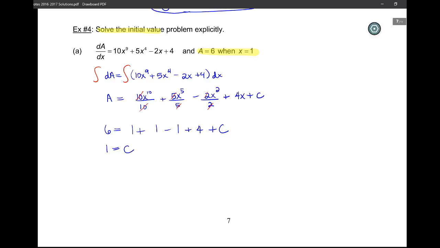So c is 1. Okay. Now we go back. A equals x to the 10th plus x to the 5th minus x squared plus 4x, oops, not plus c, plus 1.